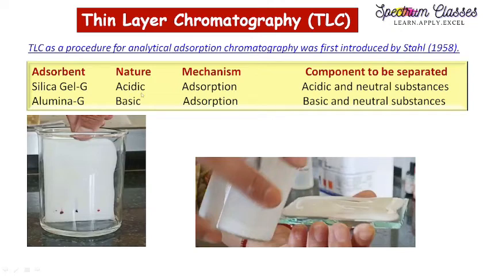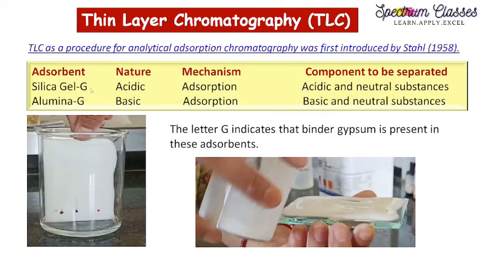Silica gel is acidic in nature and alumina G is basic in nature. So silica gel is used for the separation of acidic and neutral substances, and alumina G is used for the separation of basic and neutral substances. An important point is why G is used in both silica and alumina. Here, the letter G indicates that the binder used is gypsum, which is present in the adsorbent.